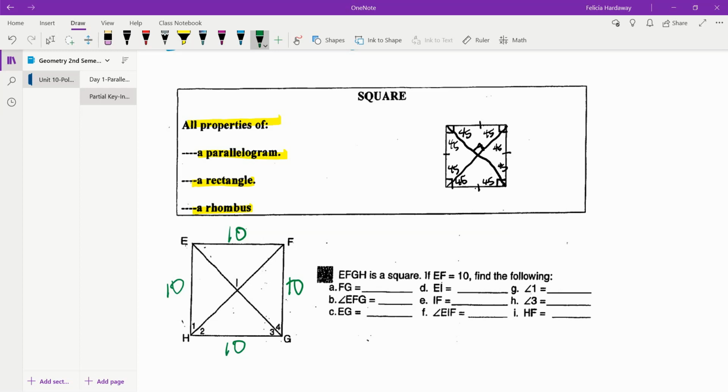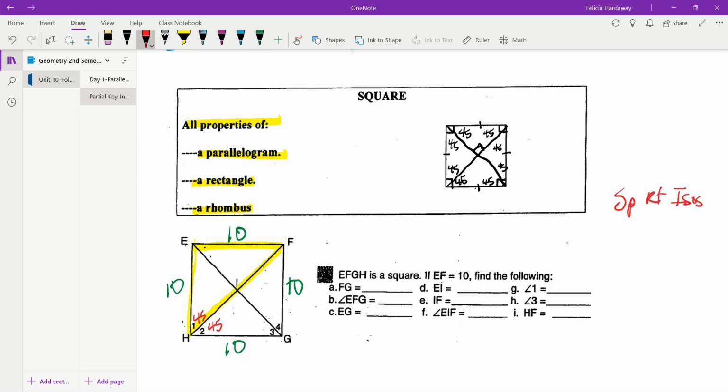And then I know all the angles are going to be 45 and 45. If I'm looking at just one of these right triangles, this would be an example of using our special right, our right isosceles.